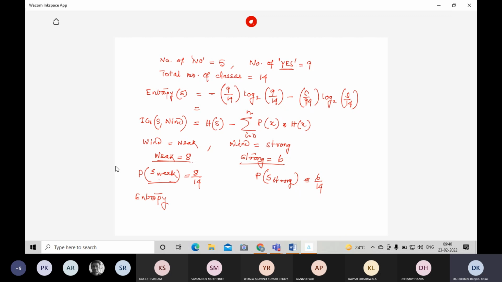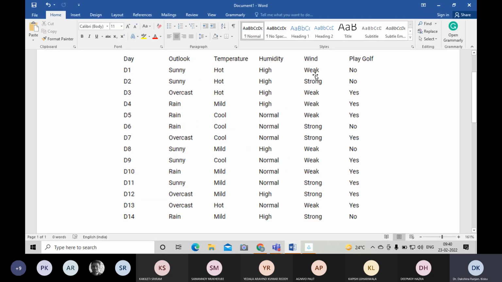Now we will compute the entropy for weak values. So how to get that? Here we need to see how many decisions are found to be positive and how many decisions are found to be negative for weak values. So here we can get how many decisions are positive.